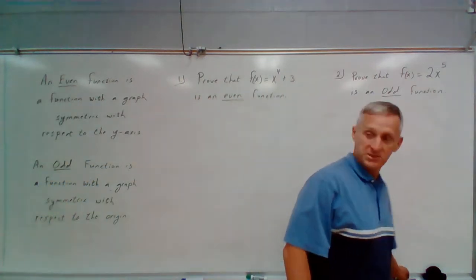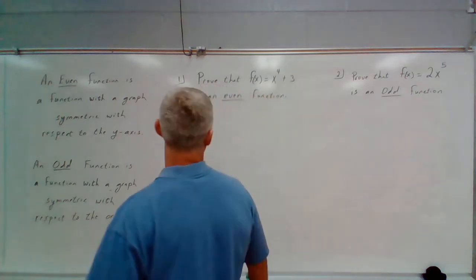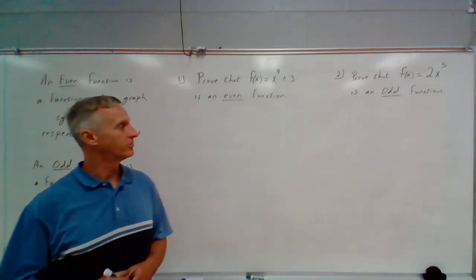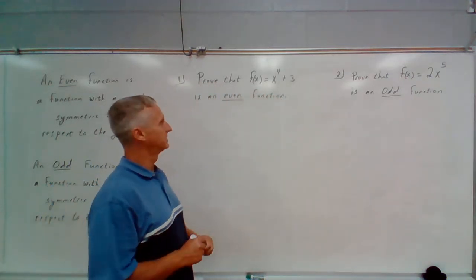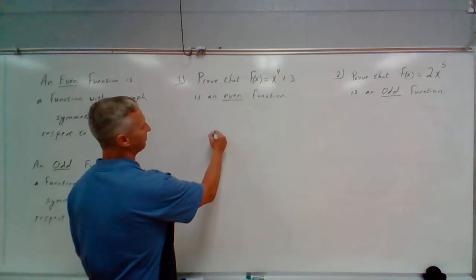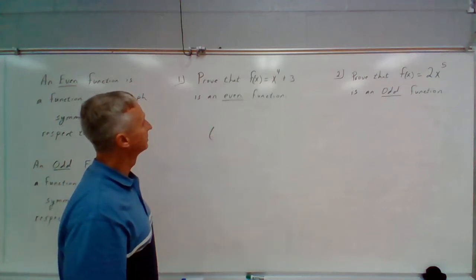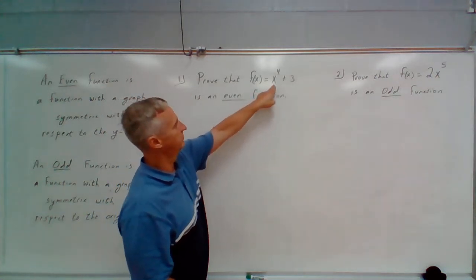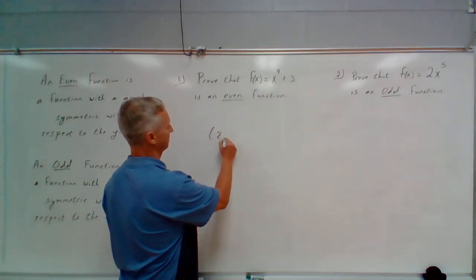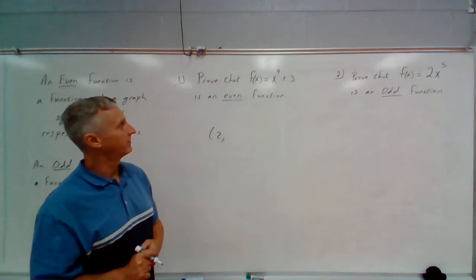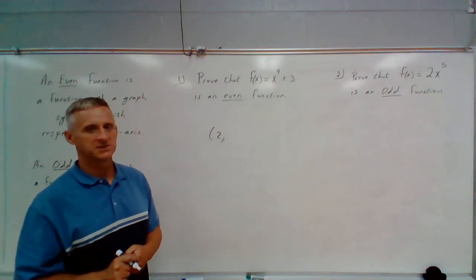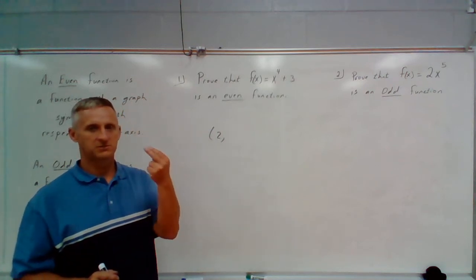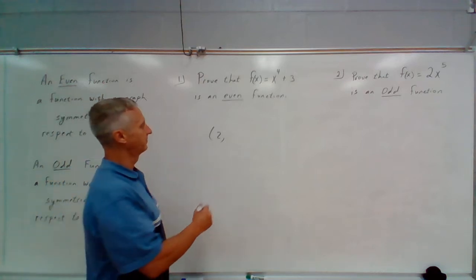All right, so let's have a look at number one. First of all, before we try to prove it, let's think of an actual example. Let's find a point that we know is on the graph of this function. Let's put a 2 in for x. 2 to the fourth is 16. 2 times 2 times 2 times 2 is 16.